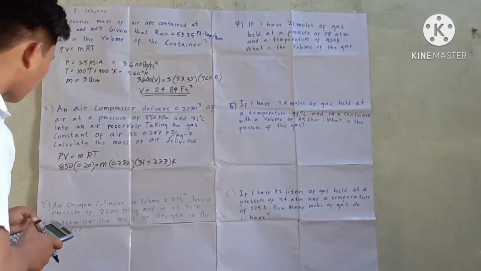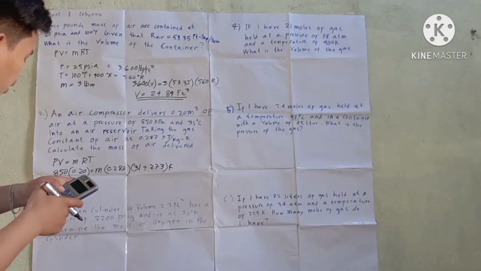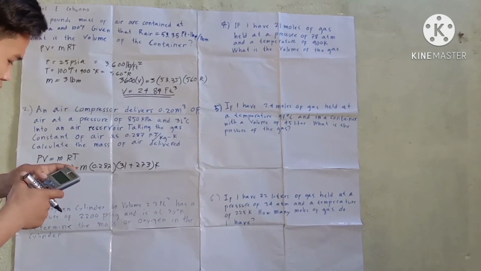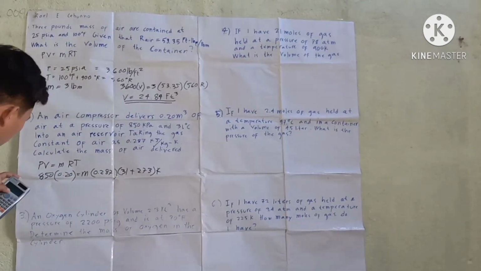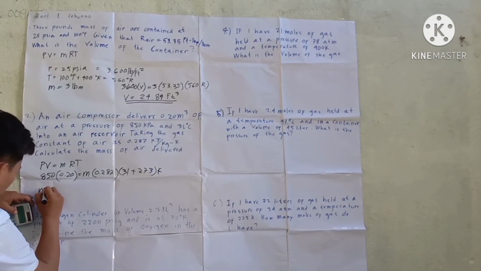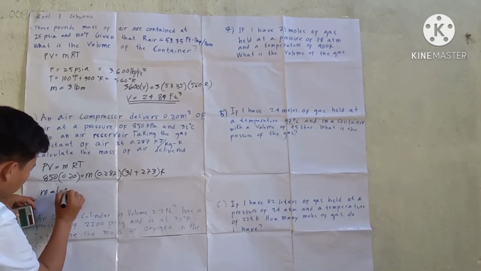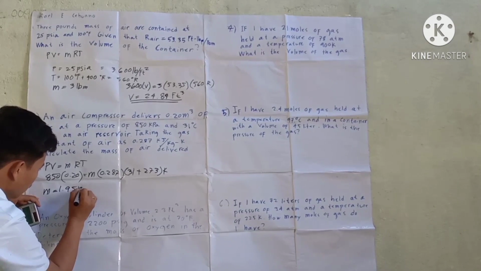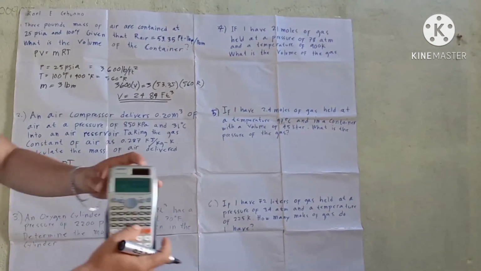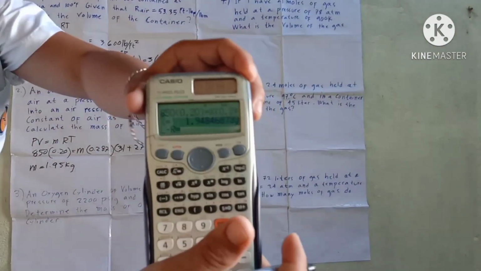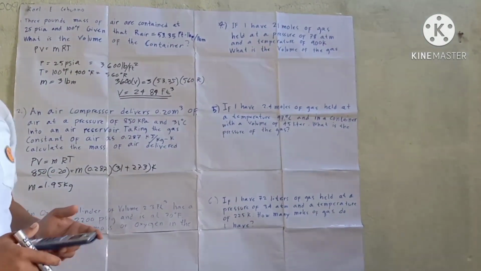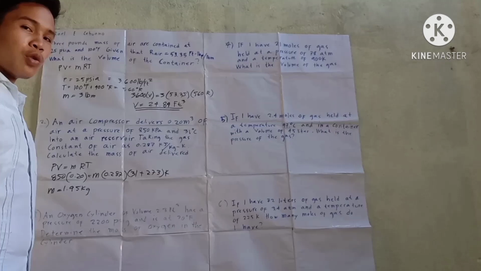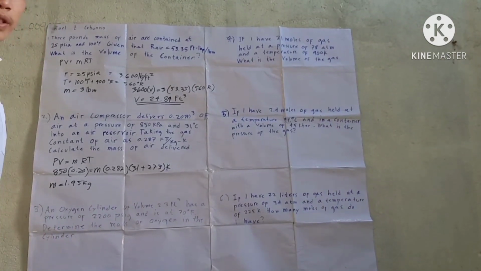So we can get the mass is 1.948, or we can round it off to 1.95 kilogram. So 1.95. So we need to proceed to problem number 3.